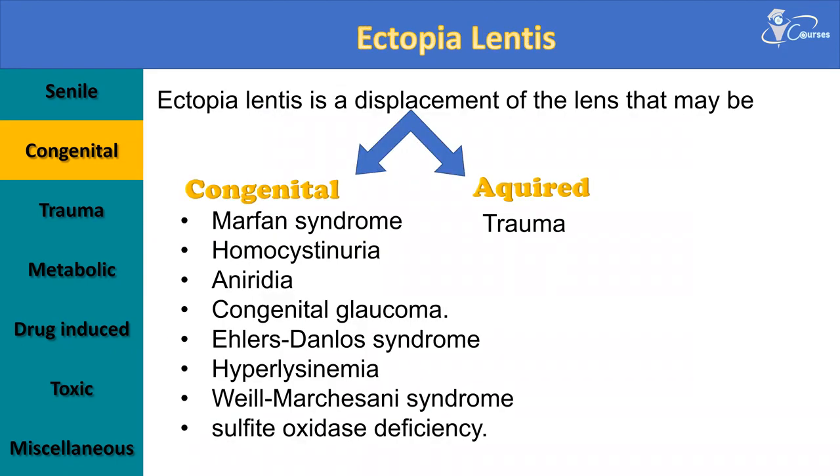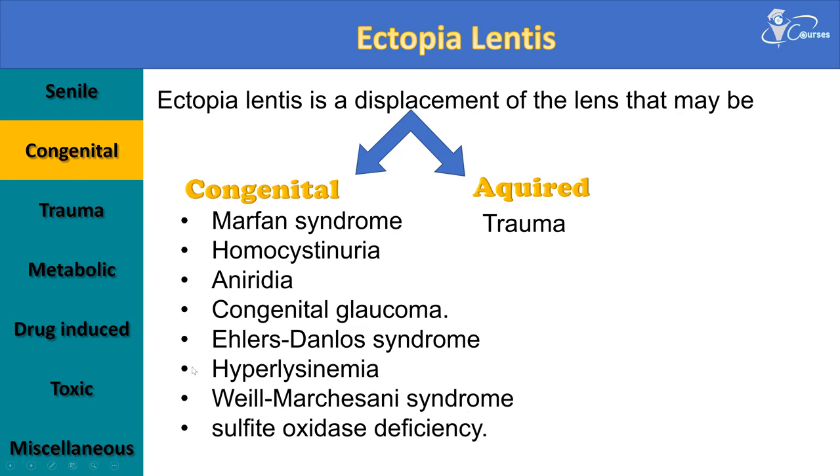So this will bring us to the term ectopia lentis. Ectopia lentis means a displacement of the lens. The displacement of the lens could be either congenital or traumatic. Congenital will be all these collagen diseases and other conditions such as Marfan syndrome, homocystinuria, aniridia, congenital glaucoma, Ehlers-Danlos syndrome, hyperlysinemia, Weill-Marchesiani syndrome, and sulfite oxidase deficiency.